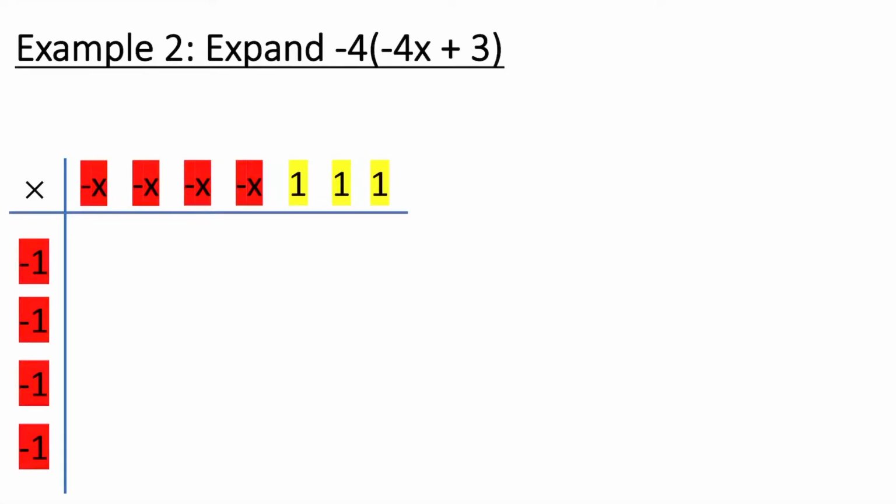So -1 times -x, we are multiplying 2 negative numbers, which will give us a positive number. So that will give us positive 1x, but we don't write 1x in algebra, we just write x. Again, we have the same thing, -1 times -x, which gives an answer of x. For the first 4 columns, they are all the same, so we're just going to quickly fill that out.